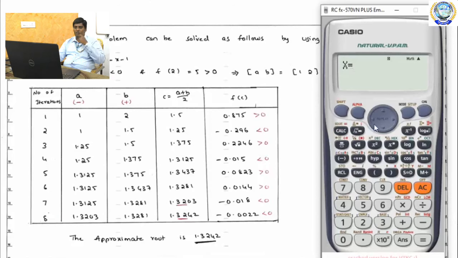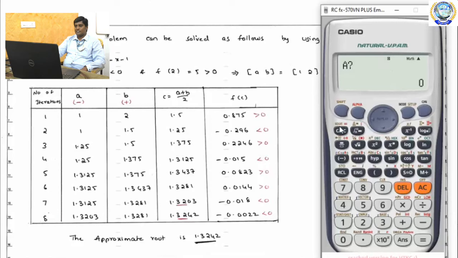It gives you x equals, then bracket, again a bracket, alpha a plus alpha b, bracket close, divided by 2. I store this formula in this way. X means the root. This a plus b by 2 value will be stored in this x. I can use this value in the x cube minus x minus 1. So that's why I choose like this, x equals a plus b by 2.